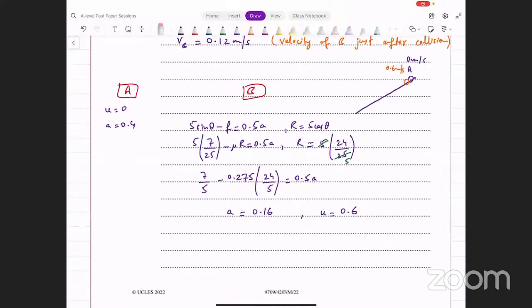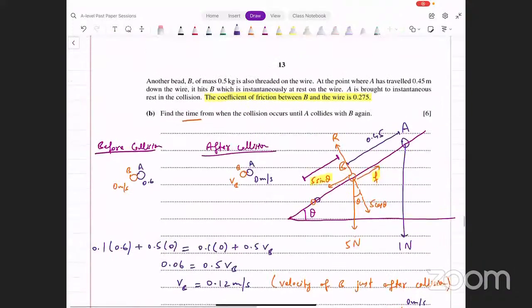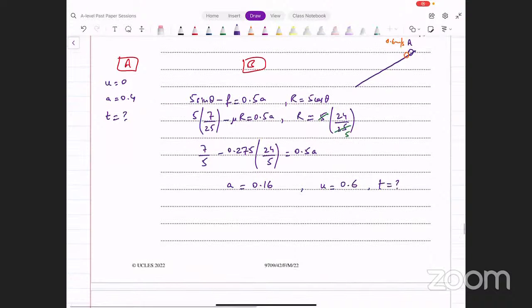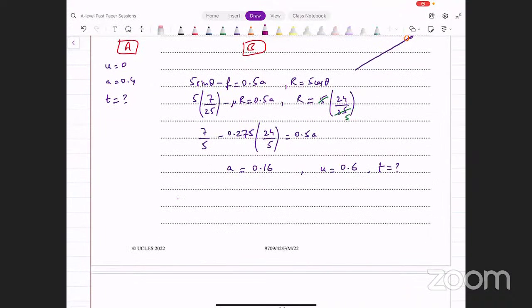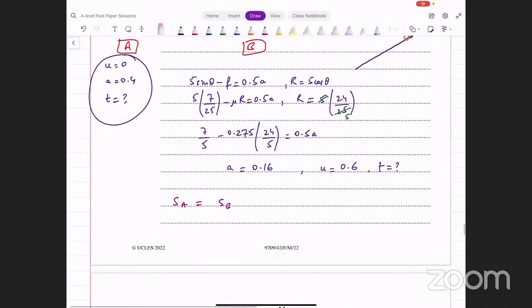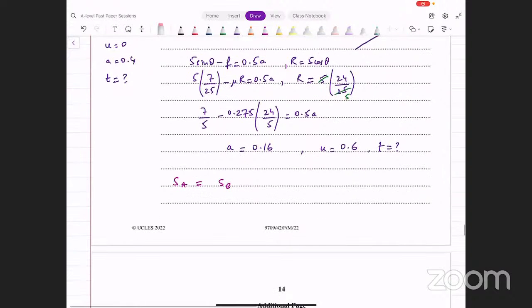ठीक है, अब डिस्प्लेसमेंट के लिए हमें टाइम फाइंड करना है ना। टाइम तो नहीं पता, टाइम दोनों का सेम ही होगा जितना भी होगा, डिस्प्लेसमेंट दोनों को इक्वेट कर देते हैं। सो वी कैन से डिस्प्लेसमेंट ऑफ ए शुड बी इक्वल टू डिस्प्लेसमेंट ऑफ बी। कौन सी इक्वेशन कनेक्ट करती है s, a, u और t को, ut plus half a t squared. Displacement of A is 0t plus half into 0.4 into t square.